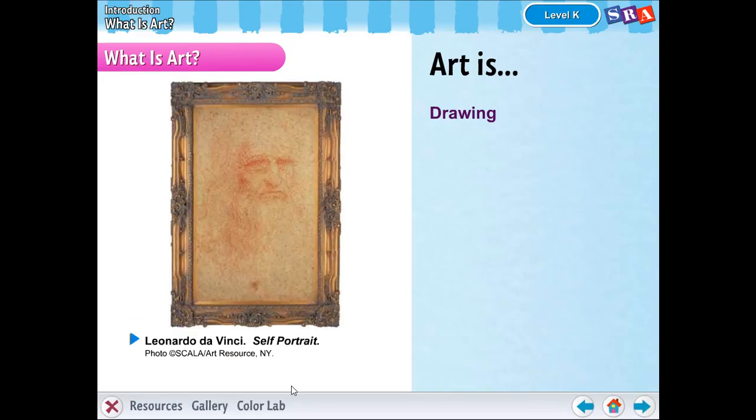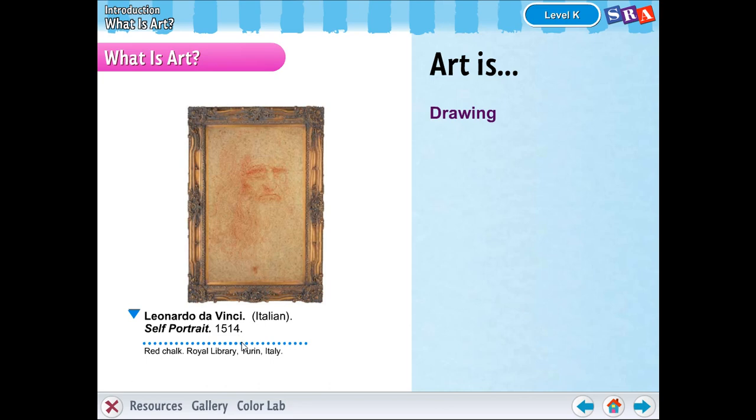Art is also a drawing. And this is a drawing by an artist named Leonardo da Vinci. It says self-portrait. And remember, boys and girls, we talked about a self-portrait. A portrait is just another name for a picture. A self-portrait means it's a picture of himself and that he created it himself.